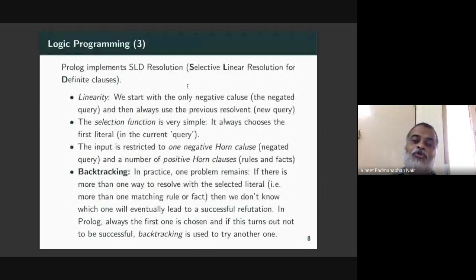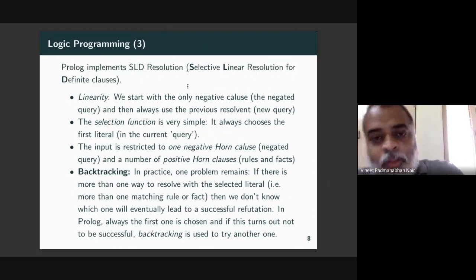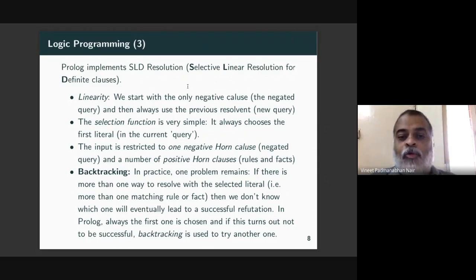Now, when it comes to Prolog, it implements something called SLD resolution. Resolution we will be seeing in a short while. SLD means selective linear resolution for definite clauses. So you have to know what is linearity, what are definite clauses, etc. Linearity means we start with the only negative clause. Here the negative clause is the negated query, and then we always use the previous resolvent.